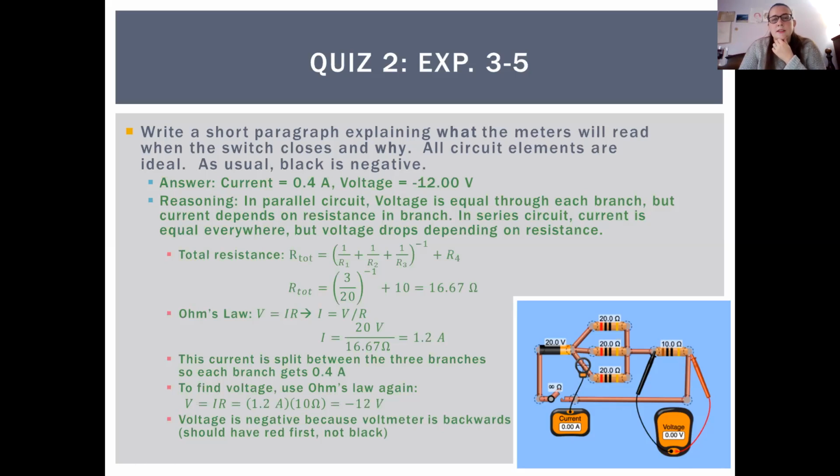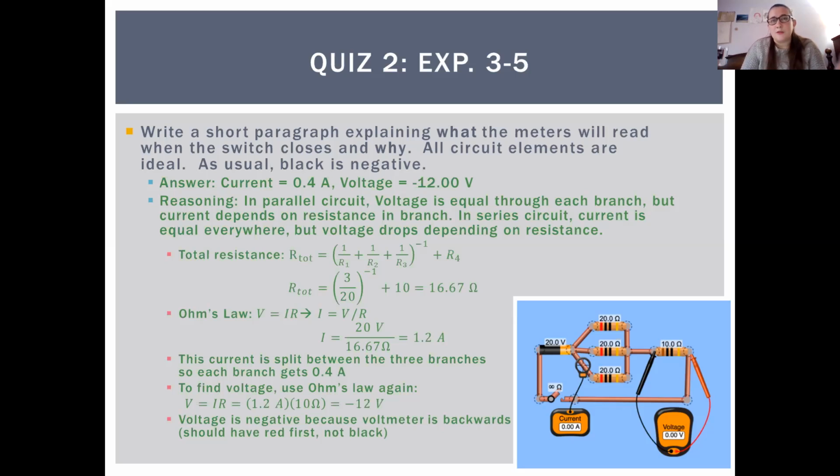So let's think through our reasoning for this, right? When we're dealing with parallel circuits versus series circuits, they behave differently. So we've talked about that in terms of capacitance, but similar rules apply when you're talking about charge or voltage or current, resistance.